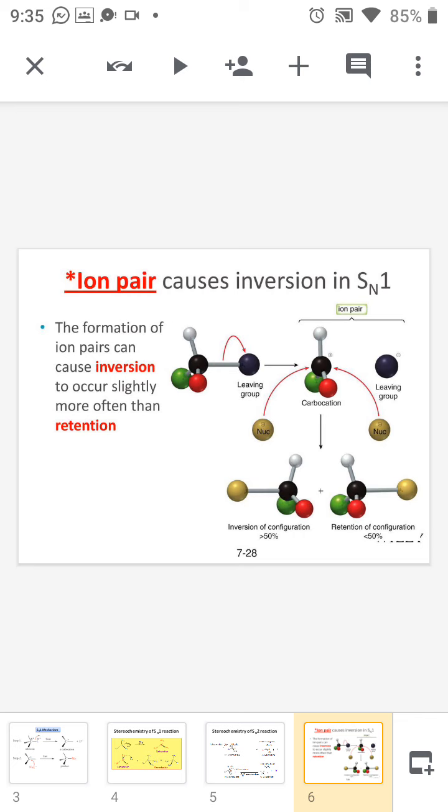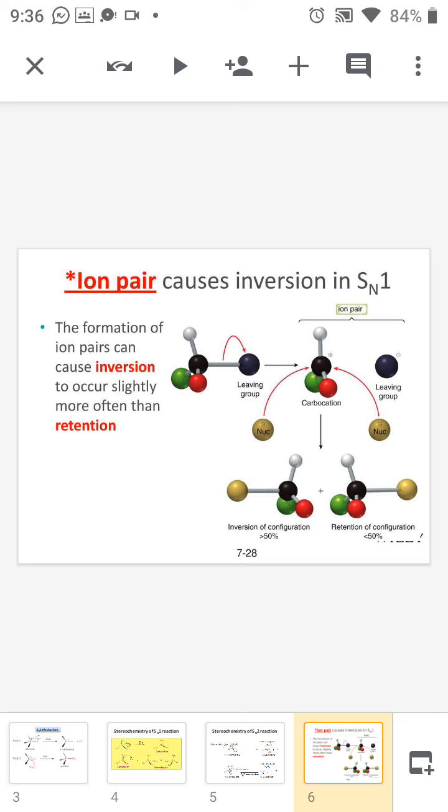After that, it will separate as carbocation and leaving group. Even then the carbocation and leaving group are very close to each other, with a positive charge on the carbocation and a negative charge on the leaving group. Then after that, these two parts are separated by the solvent layer, and then the nucleophile attacks the carbocation and liberates the final product of the SN1 reaction.